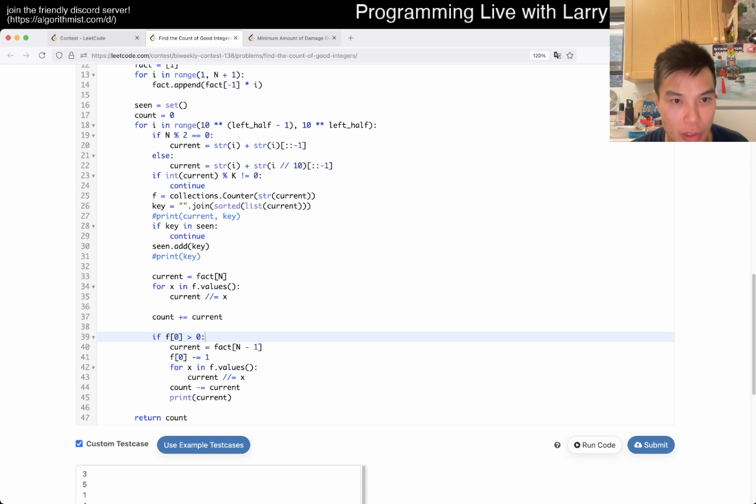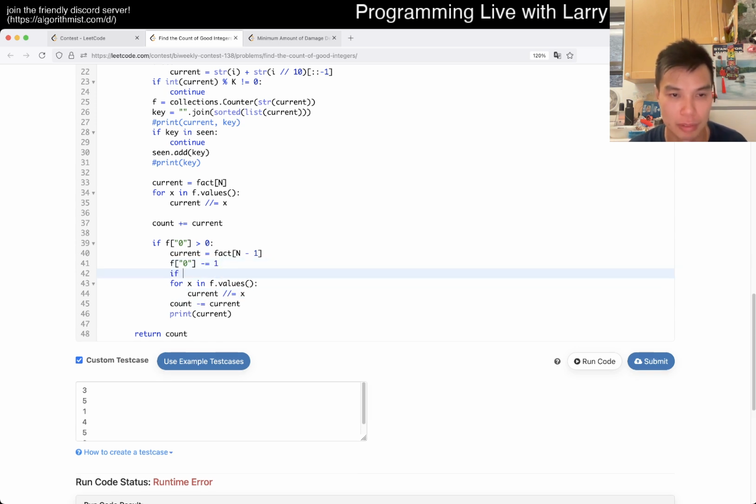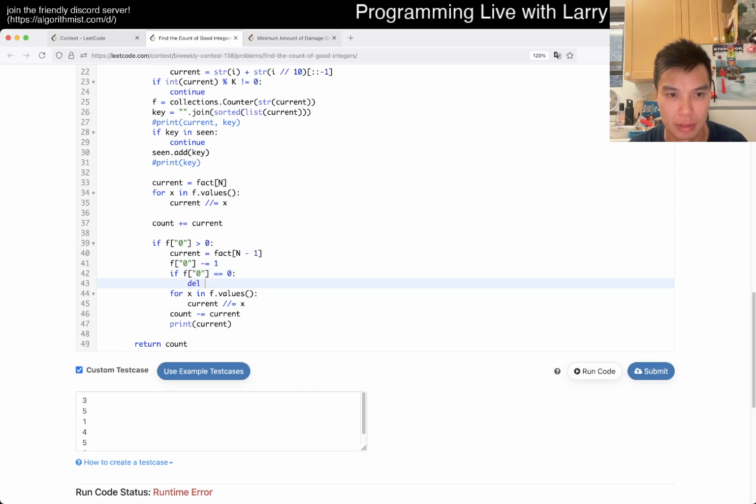If f of 0, oh, it's f of 0, not f of 0, because I'm a lazy guy. Current x, so it's only for this one. So if, this is such a hack now.